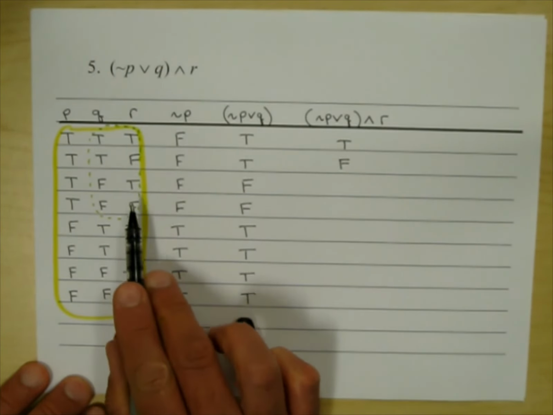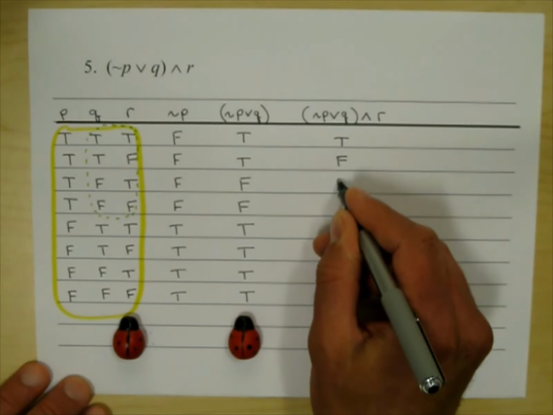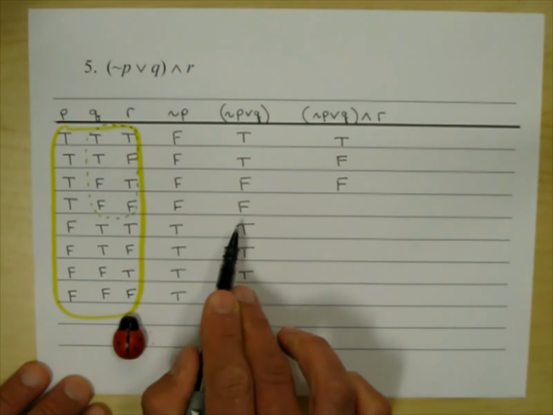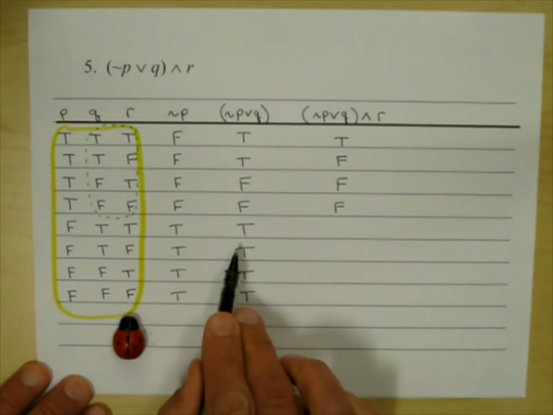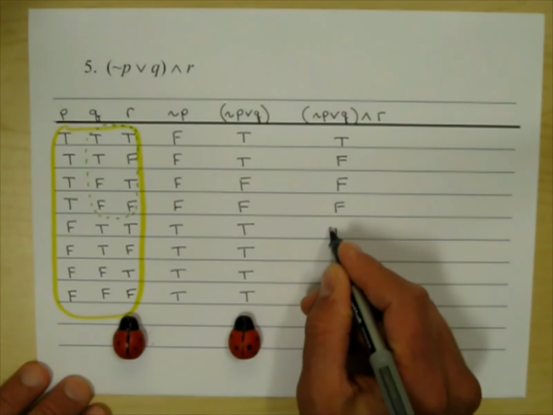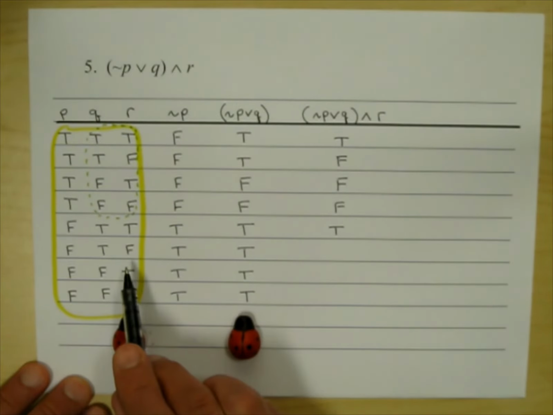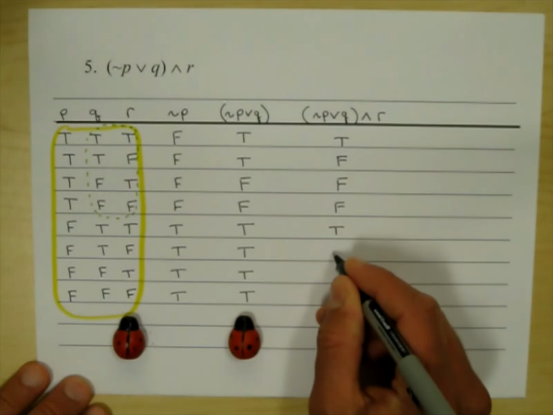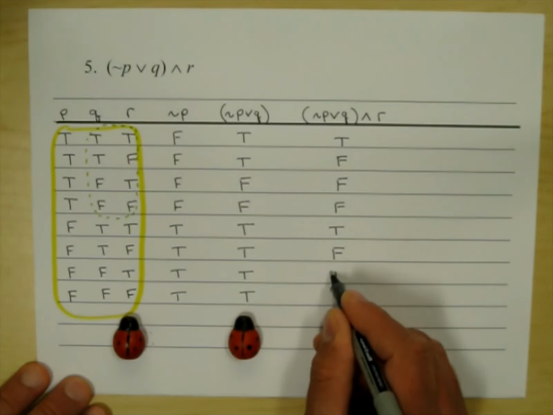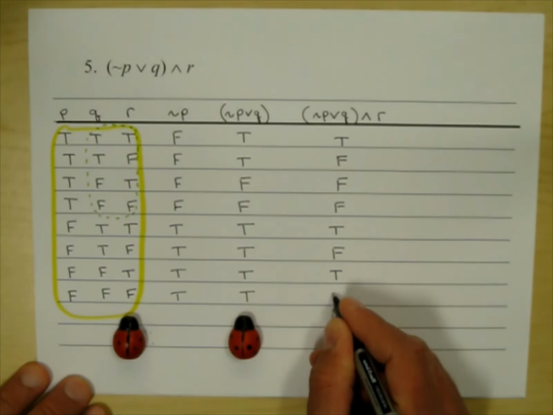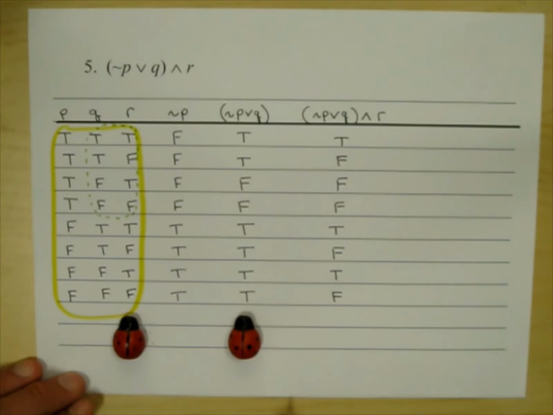False and true is false. And is stricter, remember, false and false is false. True and true equals true. True and false equals false. True and true is true, and true and false is false. So there it is, our final column.